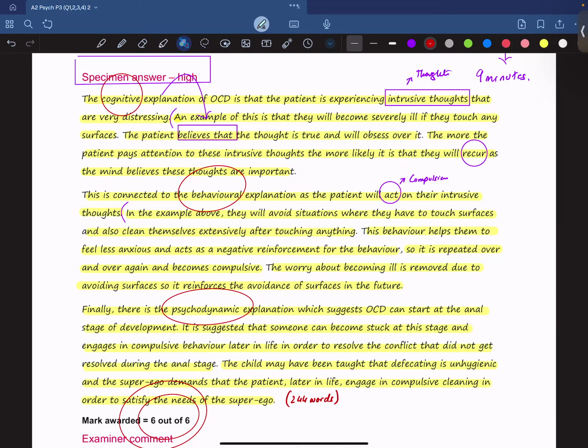Now, over here in this particular answer, the student has written 244 words. Yes, I've counted them. They're 244 words. Now, the question that arises over here is, will you be able to write down somewhere close to this? If not, we should either practice or we should learn to manage our expectations.